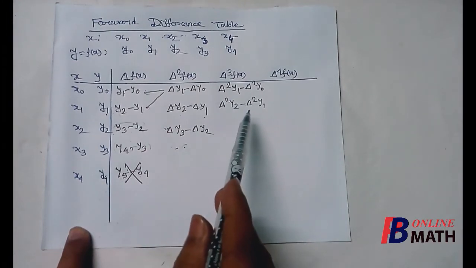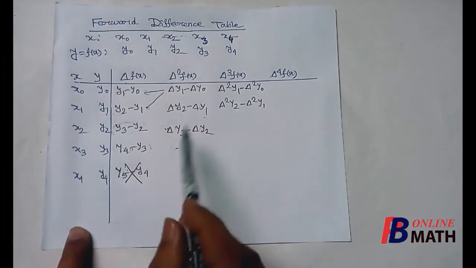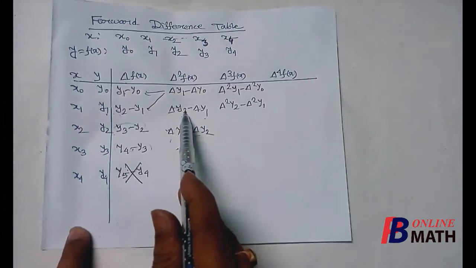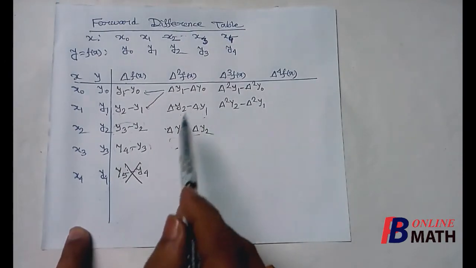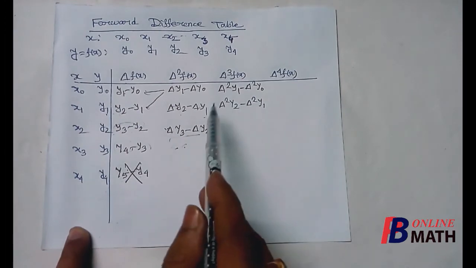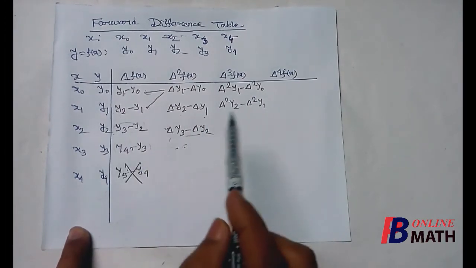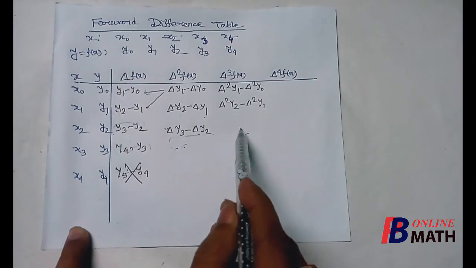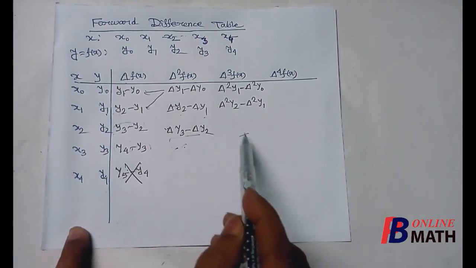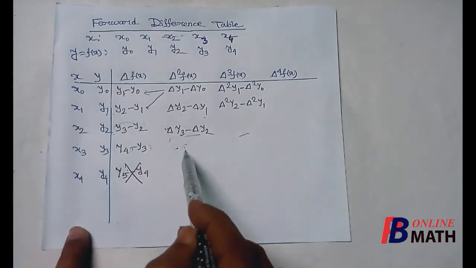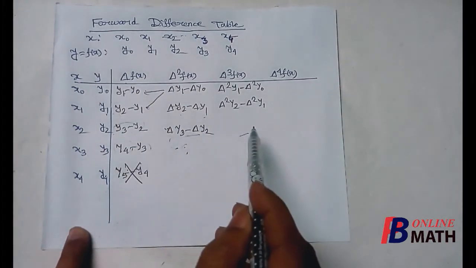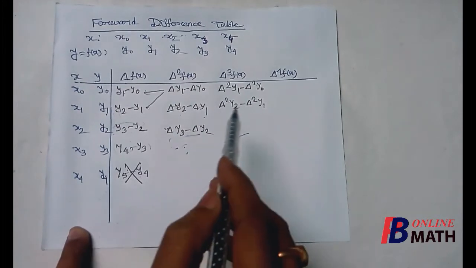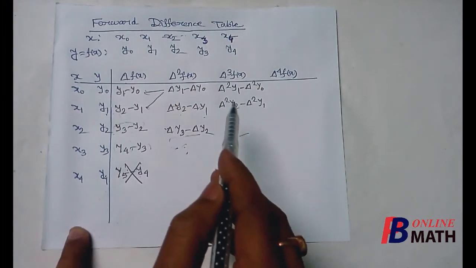Similarly, for this value, this will be equal to this one minus this one. So if we subtract this value from this value, we get this one, delta cube y1. Next, this value cannot be found because to compute this value, we need this value minus this value, and this value is not available. So this cannot be found.